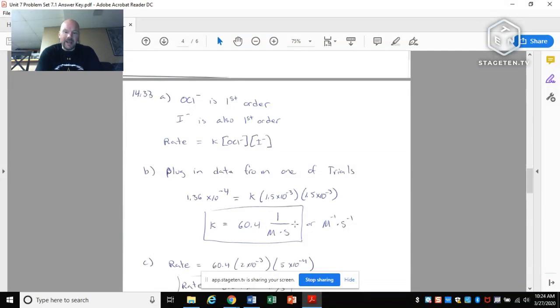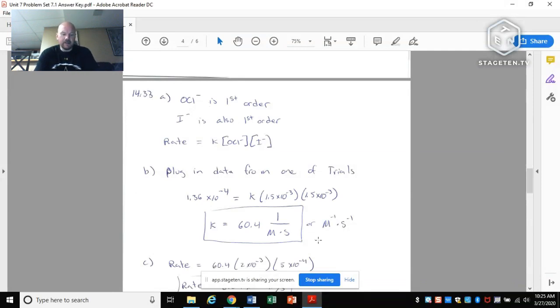And again, how do we get the units? We do 1 over molarity raised to the reaction order minus 1. The reaction order is 2 here, so 1 over molarity, and then also times seconds in the denominator, okay? So that's 33b.